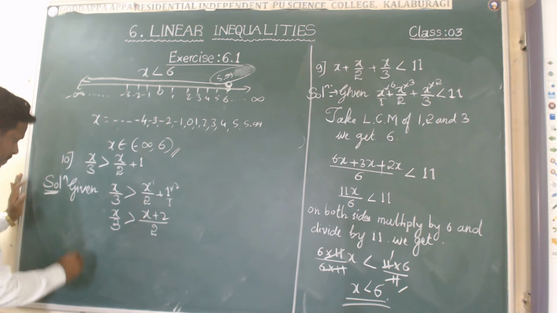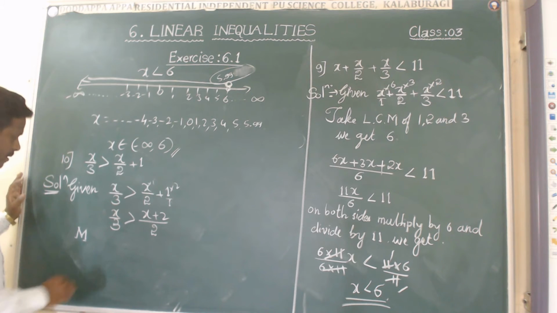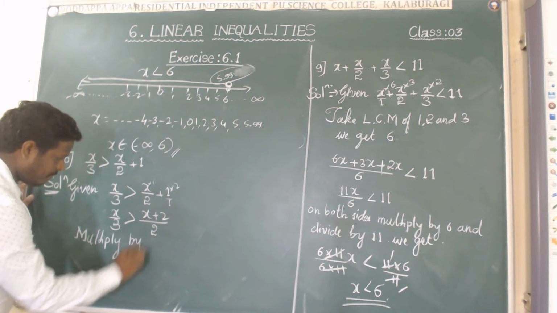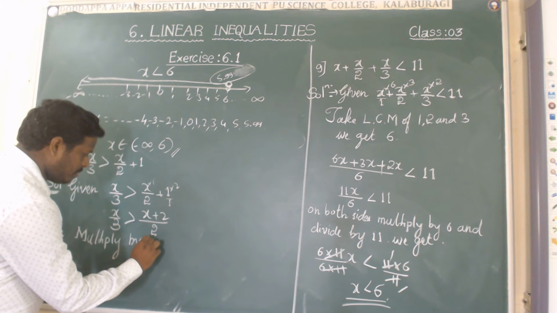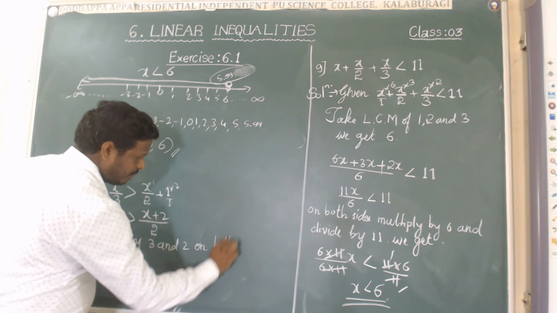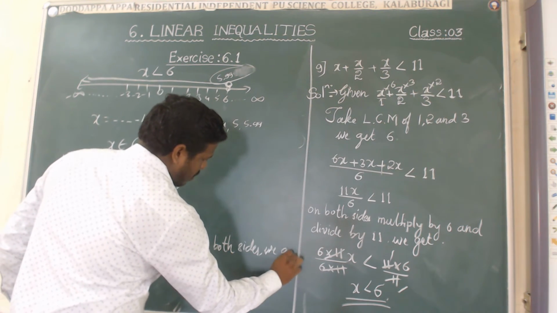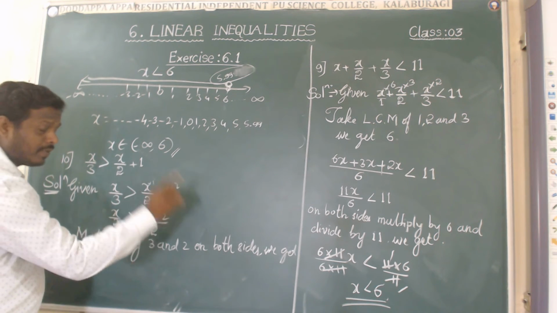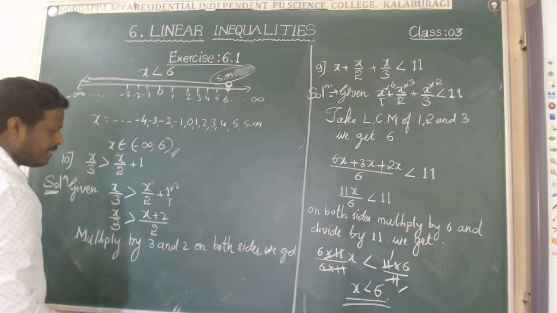Multiply by 3 and 2 on both sides. We get, okay, by using the second rule, but I am going with positive, then the sign will not reverse, keep in mind, as I am multiplying both sides by 3 into 2.